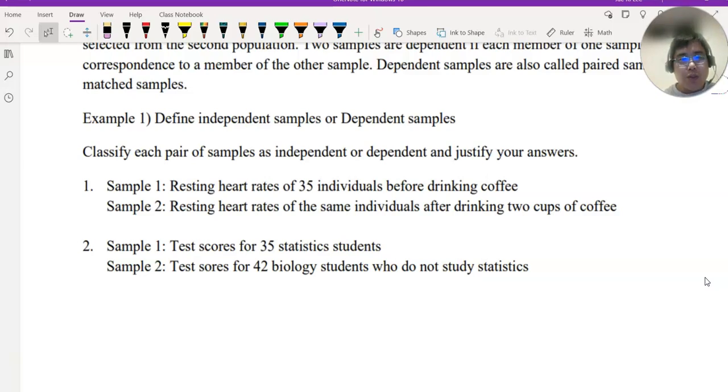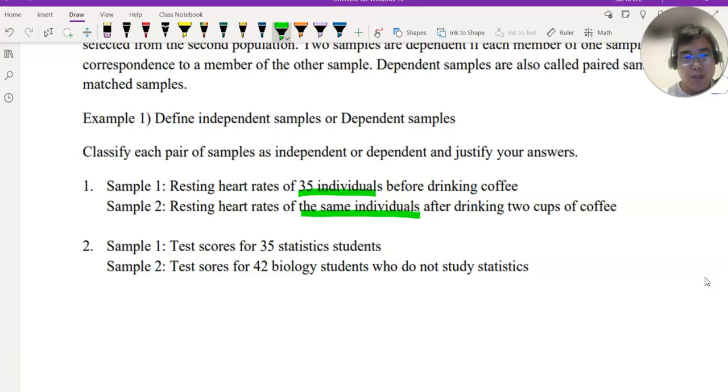Sample 2: resting heart rate of the same individuals after drinking 2 cups of coffee. In this case, obviously they are using the same 35 individuals in two different cases, one before drinking coffee, the second after drinking 2 cups of coffee. Because we are selecting the same samples here, number 1 is a dependent sample.